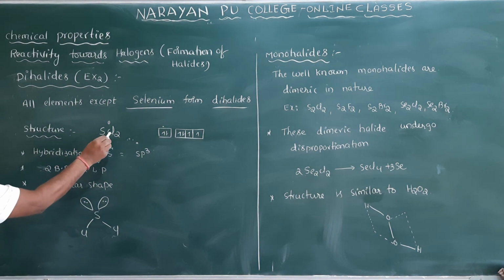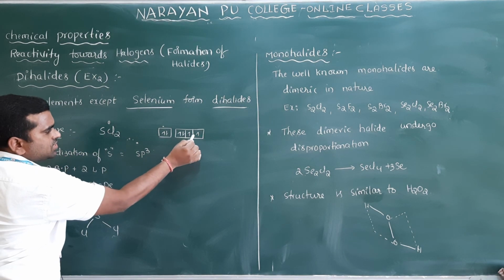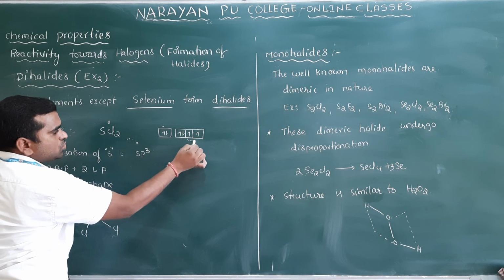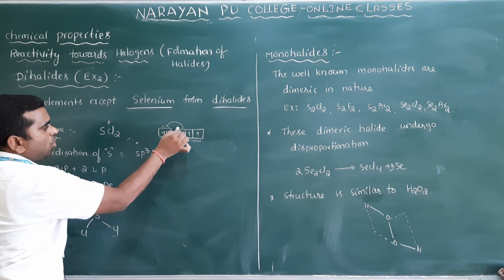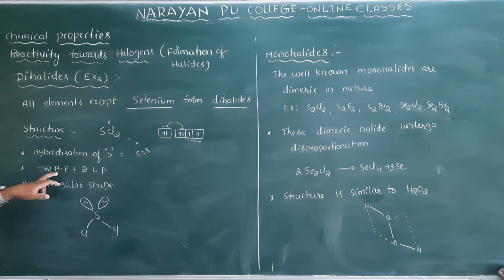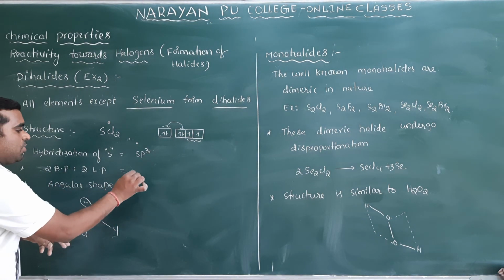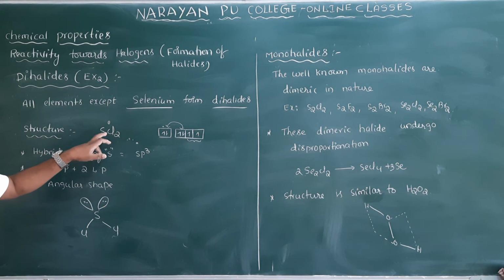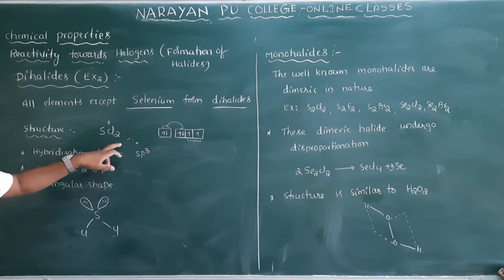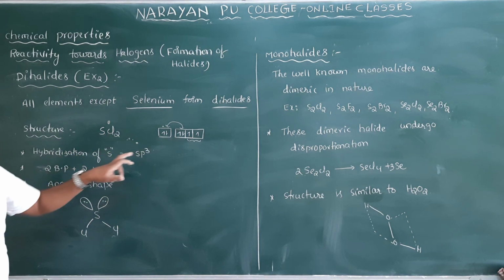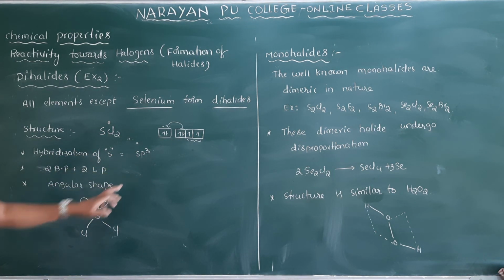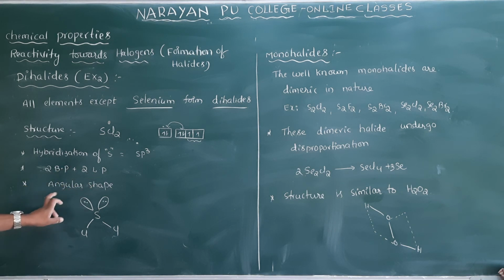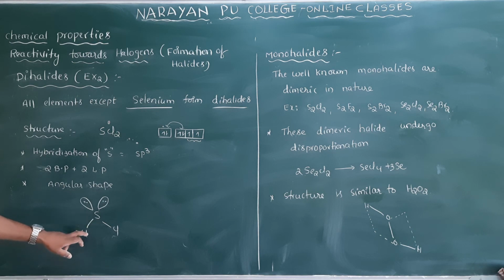Sulfur is forming 2 bonds. 2 bonds means it will use 2 unpaired electrons, so it will have 2 lone pairs. 2 bond pairs and 2 lone pairs, so total 4, which means sp3 hybridization. So with 2 bond pairs and 2 lone pairs, what is the shape? Angular shape, like a water molecule.